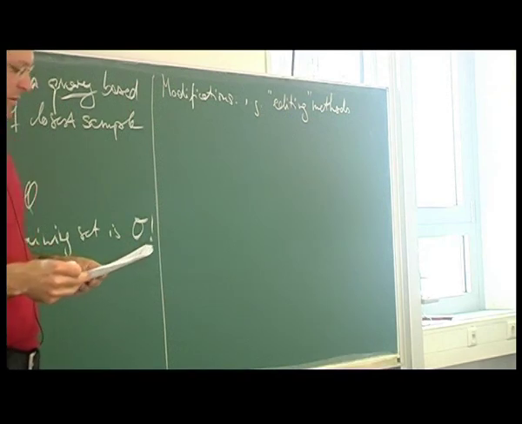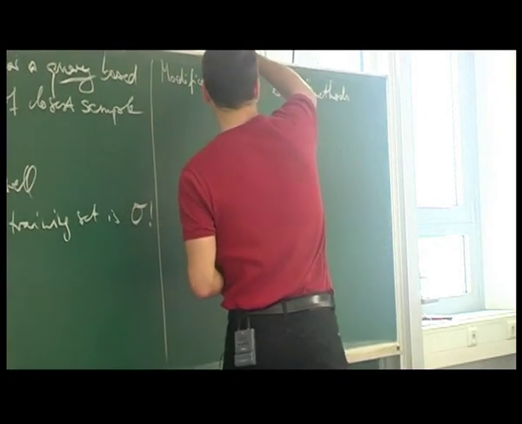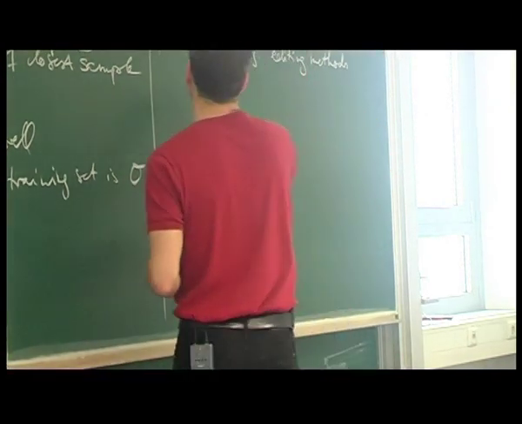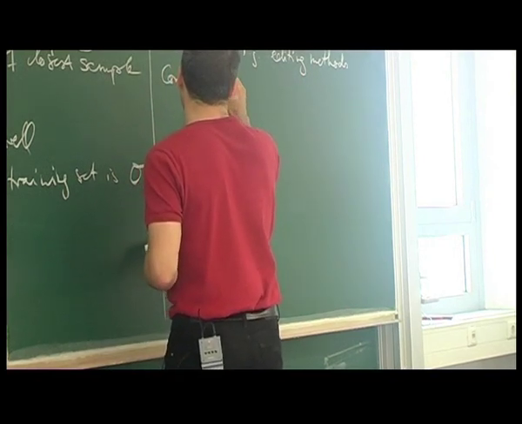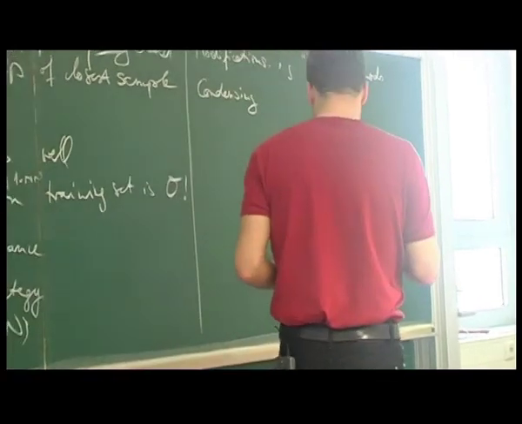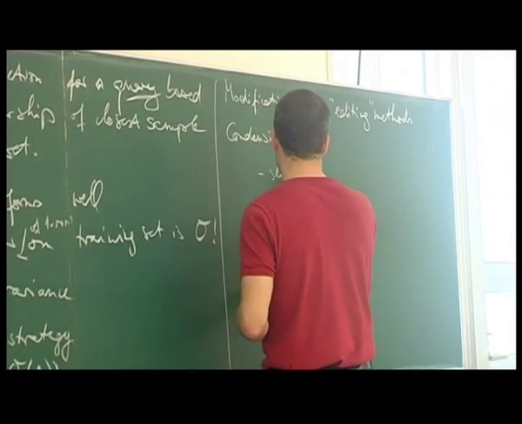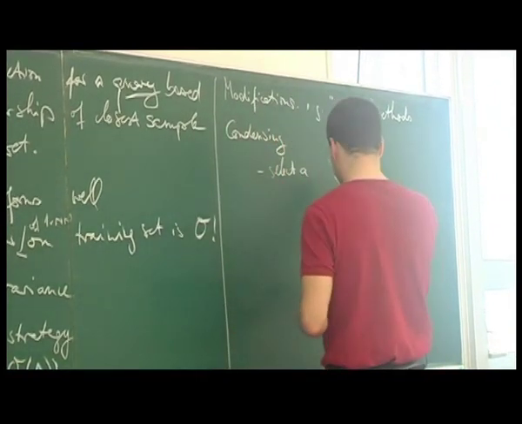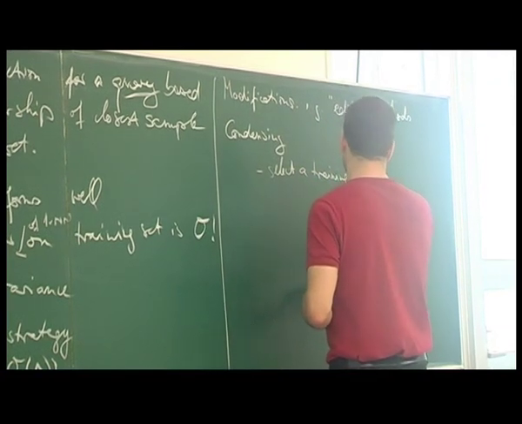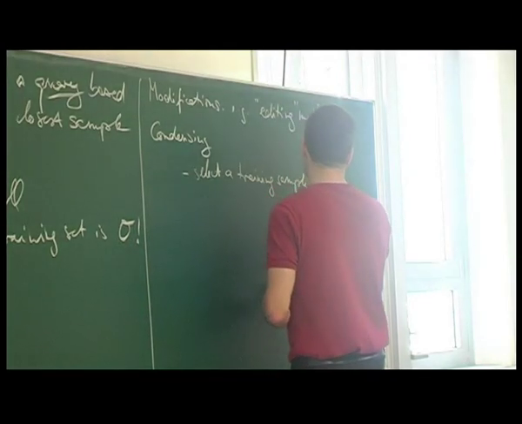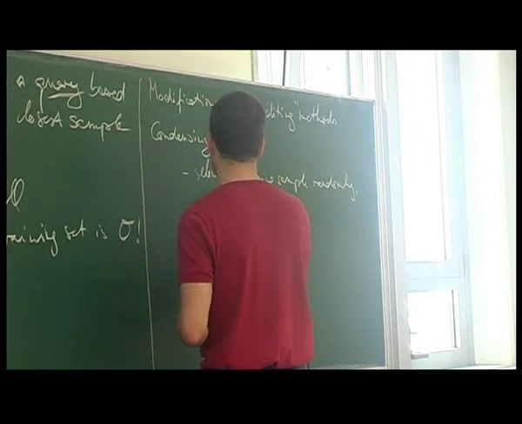For example, there is a method called condensing, which works as follows. Condensing is defined as follows. You iterate the following. You select a training sample, and then put it in an active set.